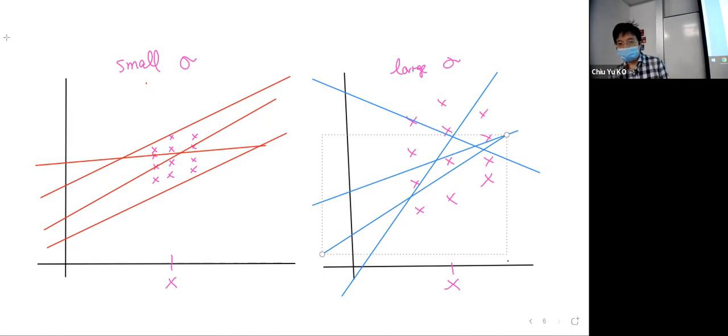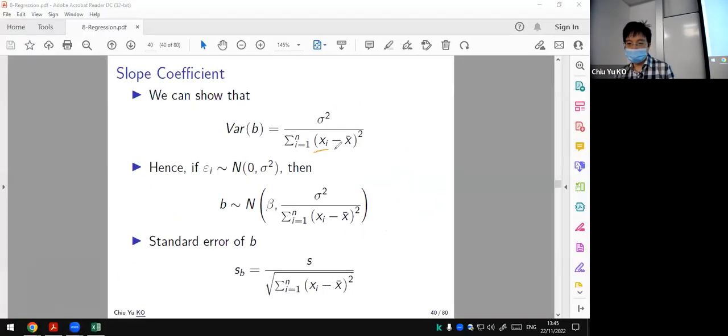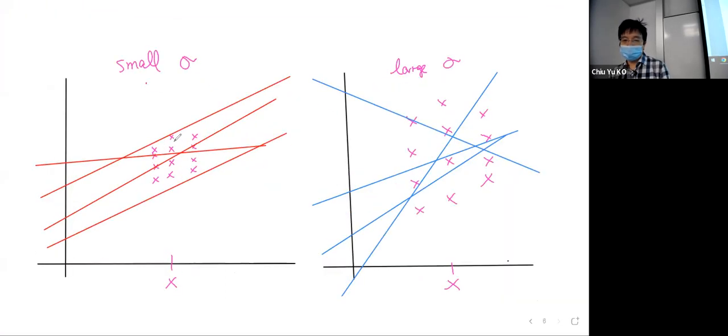And with a similar graph you can see that if the X are more centered, the variance of B will be larger, because if the X is more centered, some slight error will magnify a lot. If the data is very centered, the line can swing very easily.